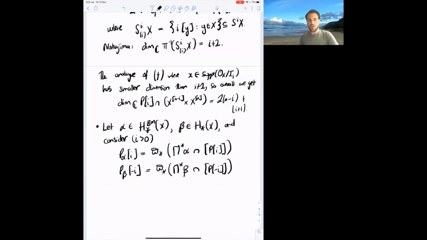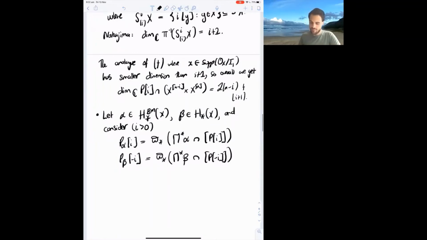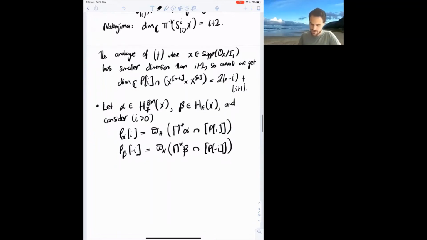Okay, so definitely I was mystified when I first saw this. Let me just make a couple of comments about the things that are involved here. So the cap product, that's here, is meant to arise.